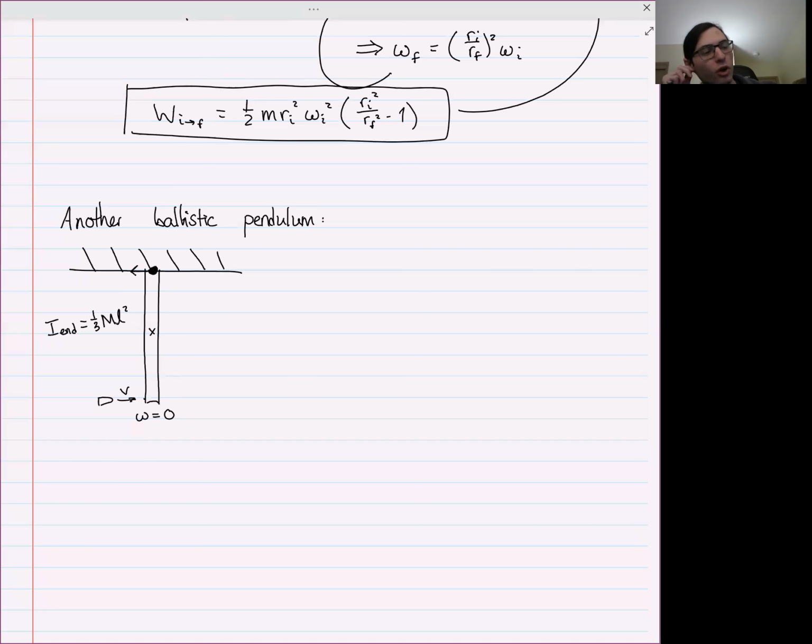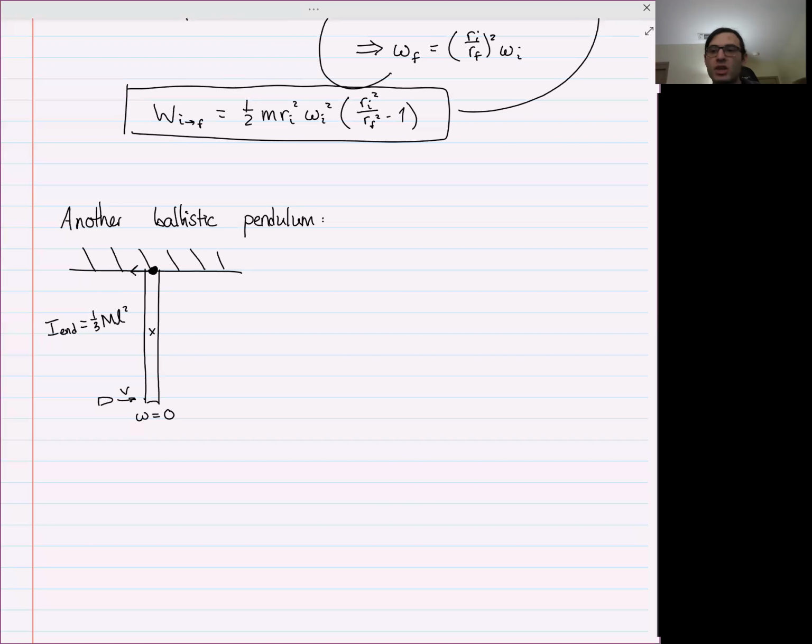But the whole method that we used to solve the ballistic pendulum in the past was we assumed that the only forces present on the block were a tension force perpendicular to the block and gravity. There was a tension force that pointed upward and a gravitational force that pointed downward, and as long as we only wanted translational momentum conservation horizontally, we didn't have to worry about those forces, because they wouldn't affect horizontal momentum.